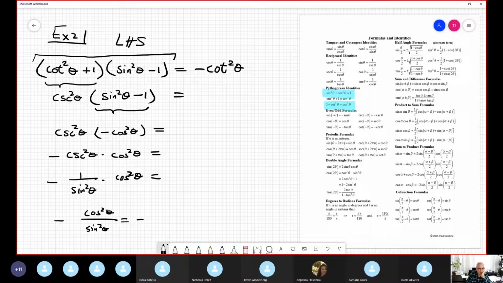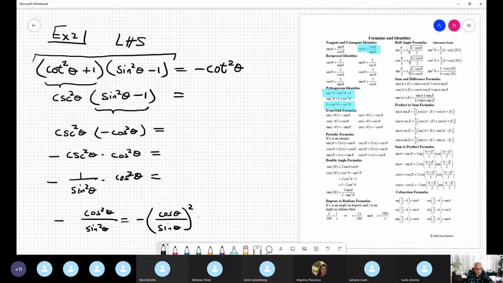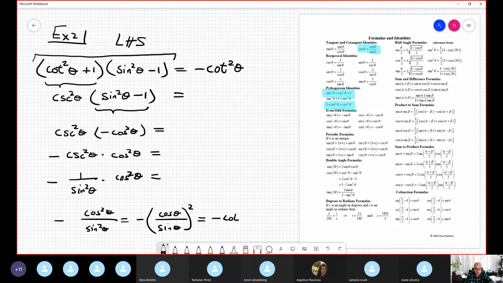So you put a negative outside and the parentheses, and you put here cosine theta divided by sine theta, and everything is squared. You're using this identity, look: cotangent theta is equal to cosine over sine. Wow, so this is negative cotangent square theta. It's exactly the same as the right-hand side and you prove the identity.